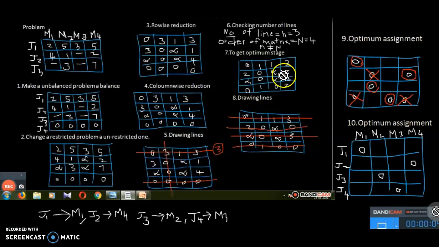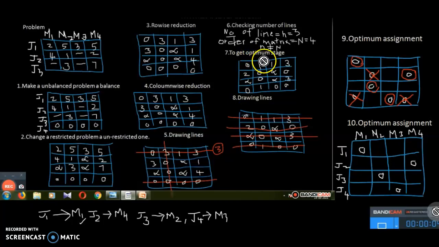Okay, then you write here. So what will you get? 0 you will get here, infinity here, and 3 minus 1 is 2 here, infinity minus 1 is infinity, and here infinity minus infinity. At the intersecting point you add this least number. Here is one intersecting point, add this number 1. Here is another intersecting point, add this number 1.